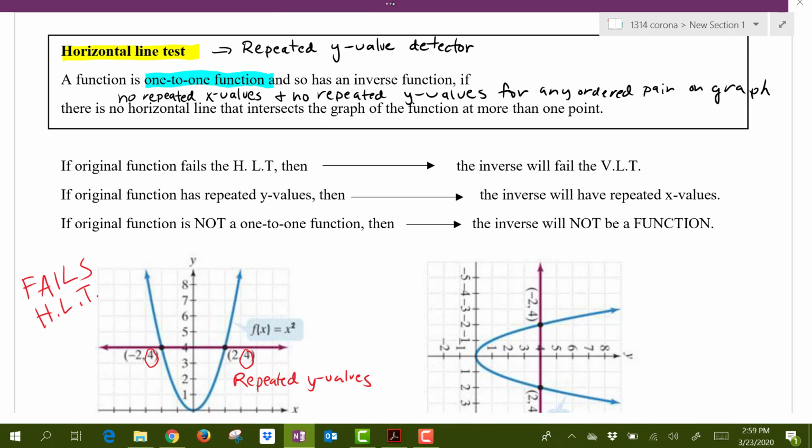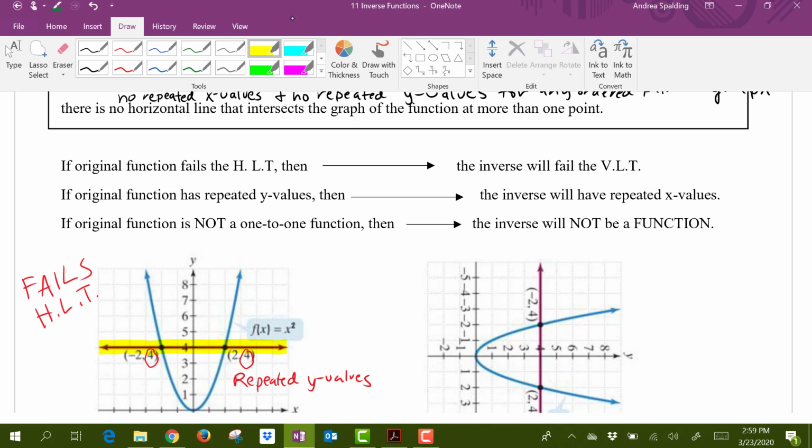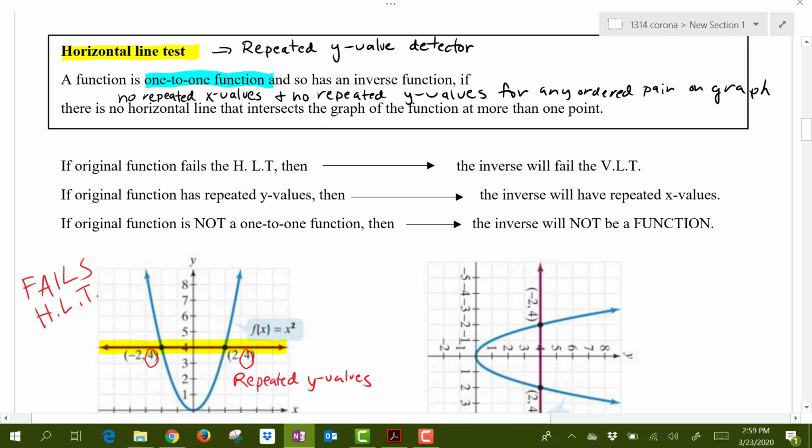We have a horizontal line that intersects the graph at more than one point. If a horizontal line intersects the graph at more than one point, then we have found repeated y values. If we have repeated y values, then we say that the graph fails the horizontal line test.